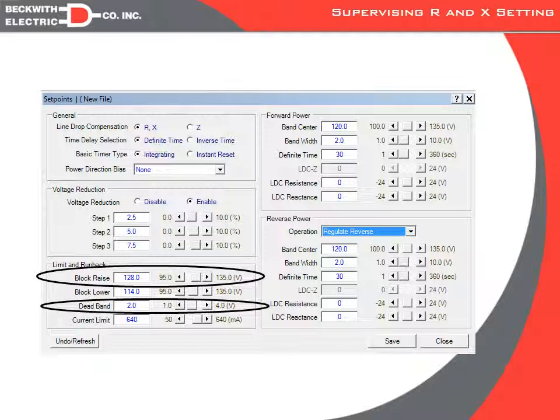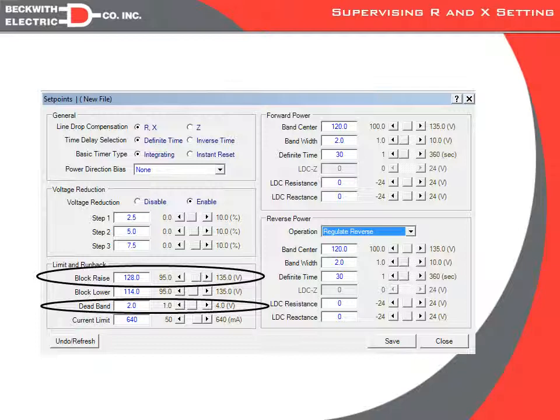But even if we stop raising it, it can continue to creep up as load starts to go away, or maybe a cap bank closed, or maybe the high side voltage has been raised due to a high side capacitor closing. And if the voltage gets above 130, which would be the block raise added to the deadband, then that will actually force a lower to bring the voltage back down, and that's referred to as the first house protection.